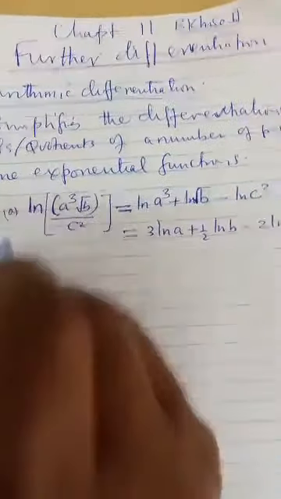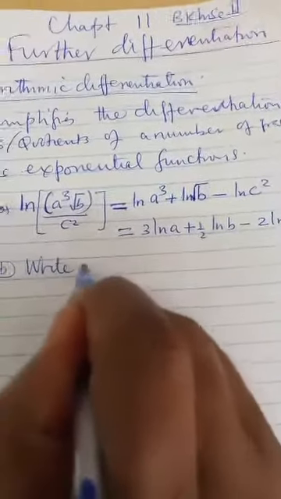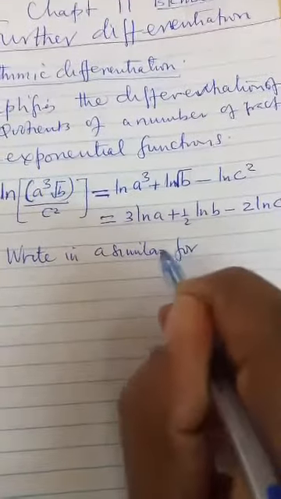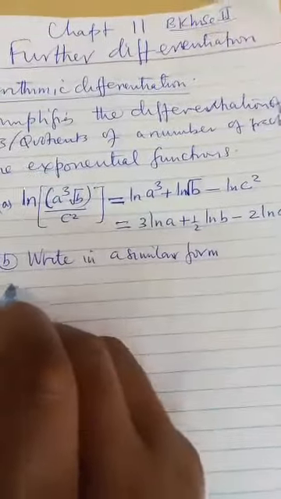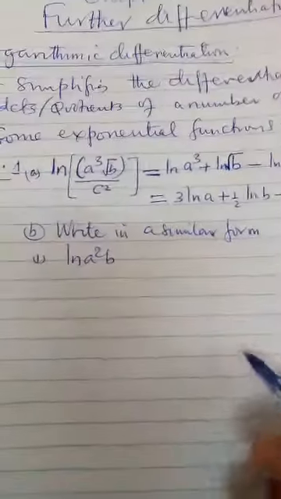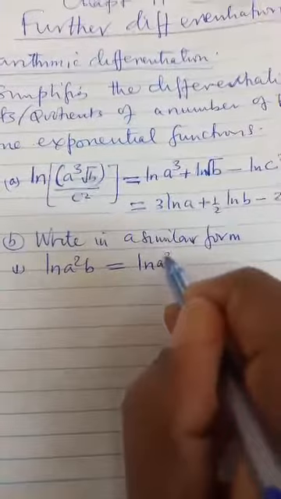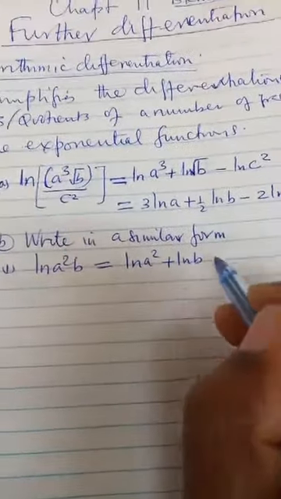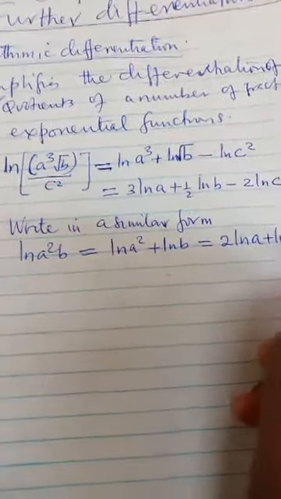They can therefore ask you to write in a similar form as the one I've used above, and they give you like ln of a squared b. We are saying since they are multiplying, we can expand by adding, and we can eventually say this is the same as 2 ln of a plus ln of b.